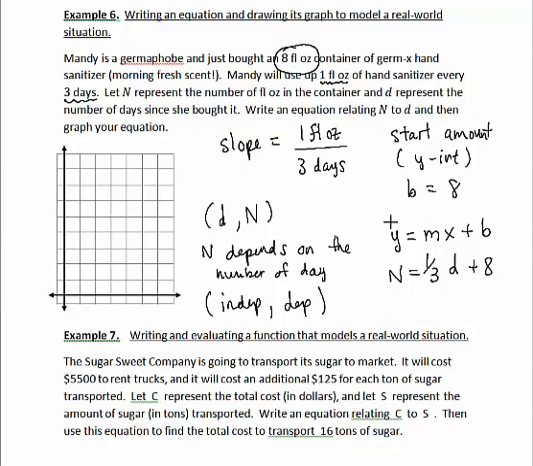In this case there's actually something missing from this equation. If you reread the problem carefully, you should pick up on the fact that the sign of our slope is wrong. The second sentence says Mandy will use up, so we're decreasing the amount of hand sanitizer that we have by 1 every 3 days.